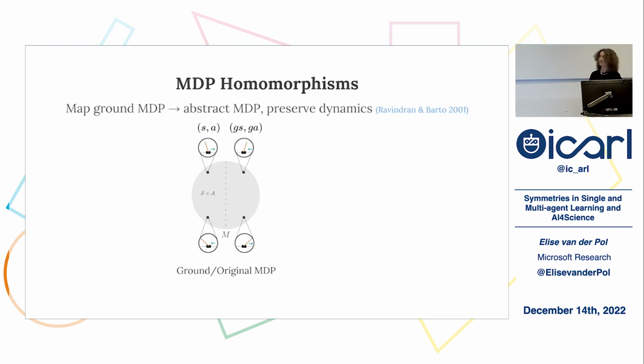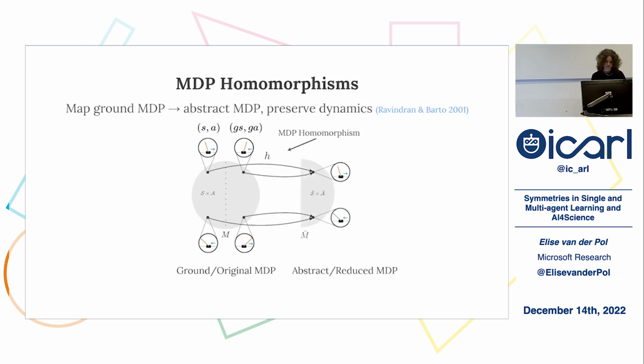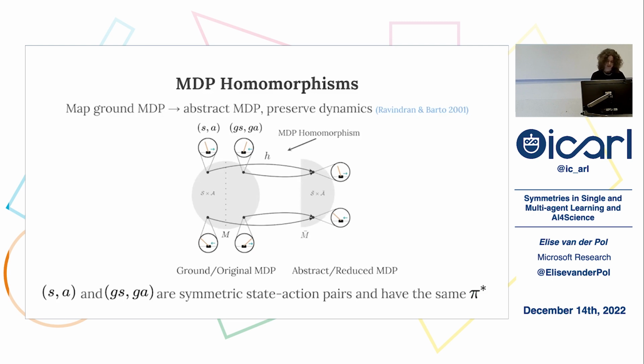So we say, okay, SA and GSGA are again symmetric state action pairs. And now an MDP homomorphism is a map from this MDP to an abstract or reduced MDP where we've kind of folded over the symmetries. And again, that's attractive because these symmetric state action pairs have the same optimal policy.